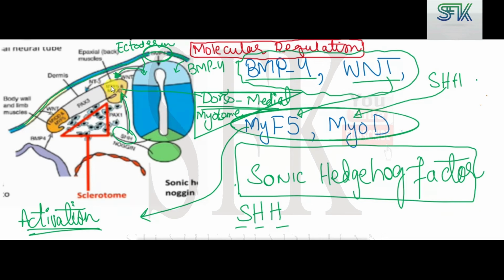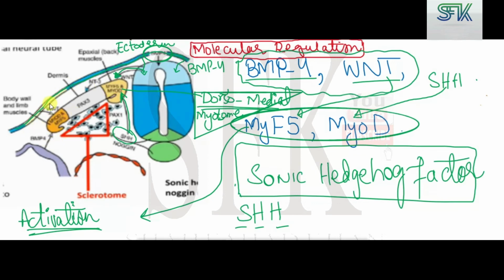In the dorsomedial myotome, these two factors activate the MYF5 and the MyoD genes. Once they are activated, they lead to the activation of the signaling pathways. This is how the dorsomedial myotome is activated and gives rise to the muscles.